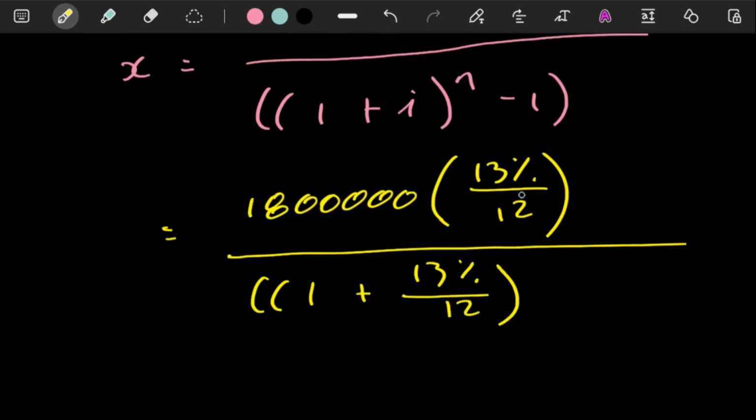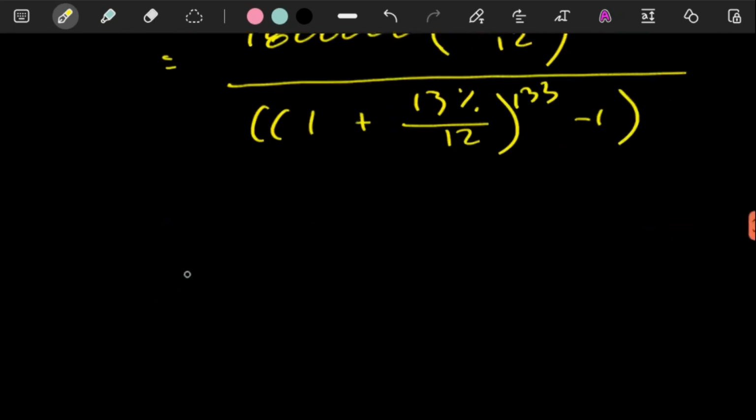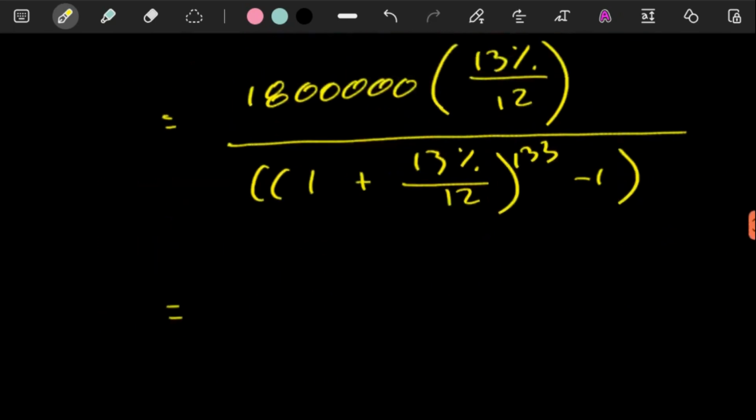N is 133 minus 1. So everything put in the calculator: 1,800,000, and then let's see what we're going to have here.